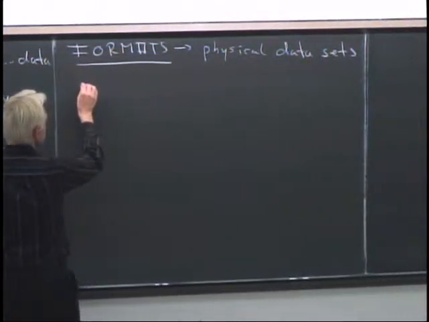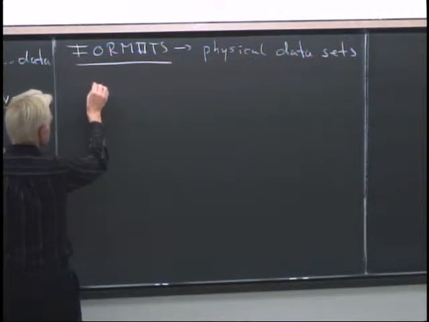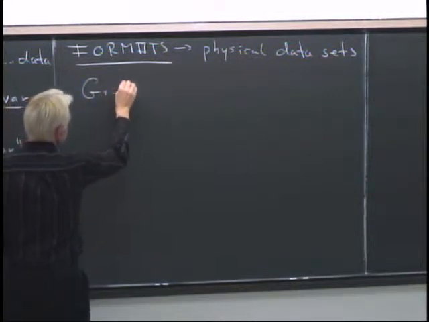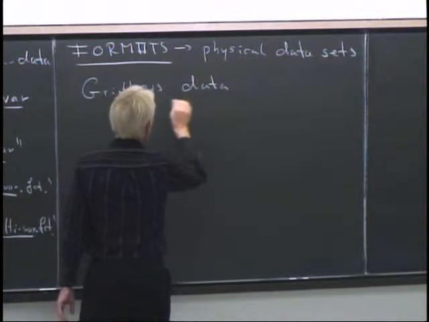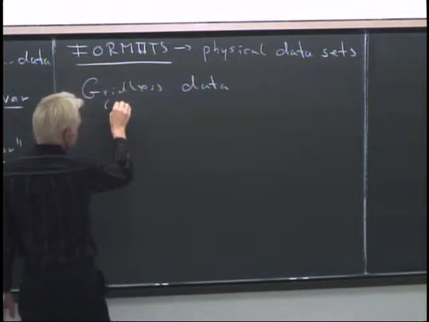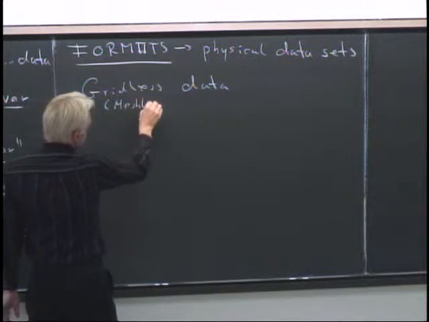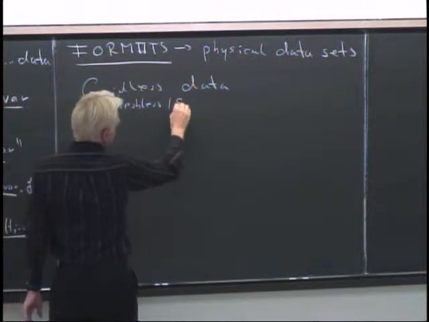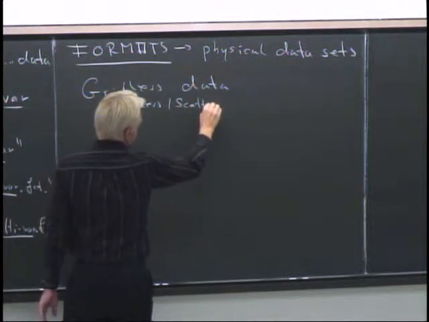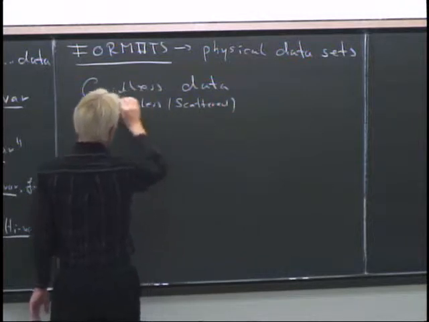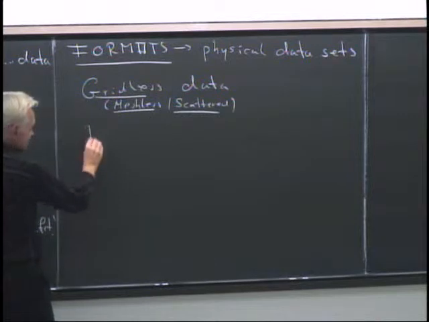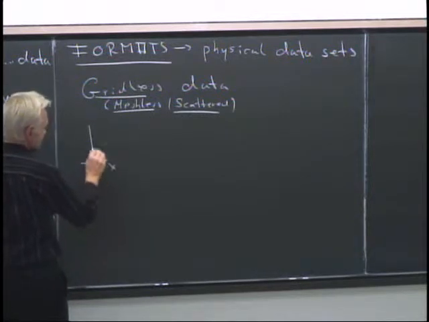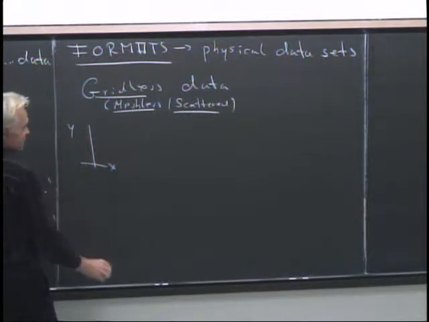So the simplest form is gridless data, right? Gridless or meshless, or also sometimes called scattered data. Okay, gridless, meshless, scattered, all the same. I'll just give you an example in 2D, and I become more and more concrete as time goes on.